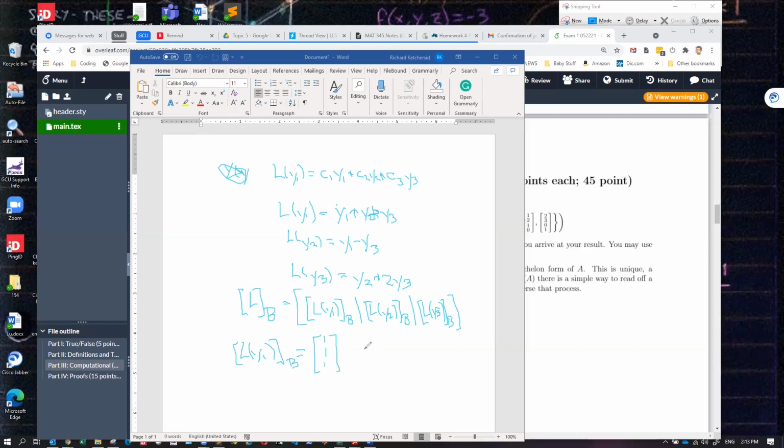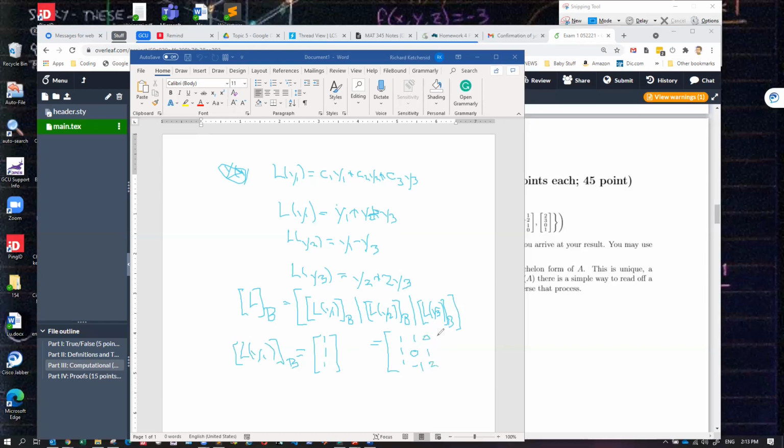L of Y2, the way I've got it, would be 1, 0, minus 1. And L of Y3 would be 0, 1, 2. So the matrix I would get here would be 1, 1, 1. Notice you're building this in columns, not in rows. This one would be 1, 0, minus 1, and this one would be 0, 1, 2.